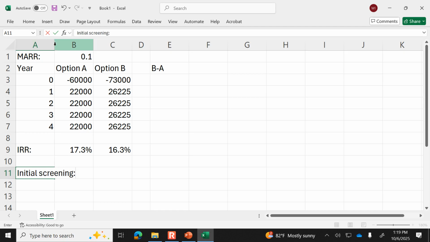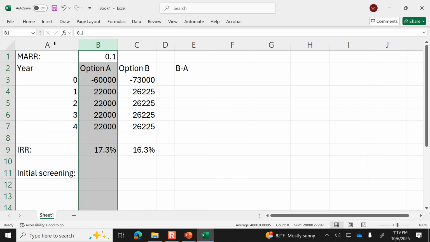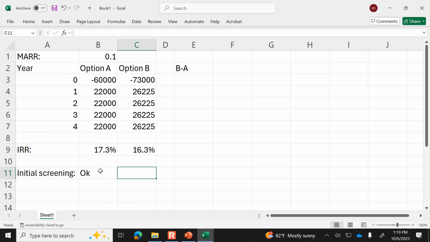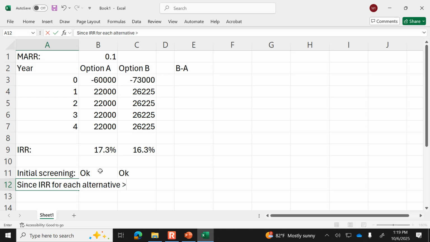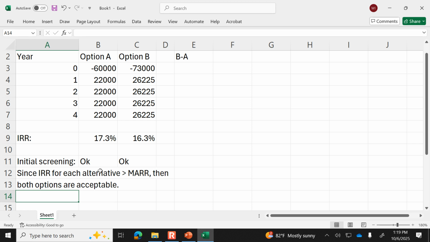Well, since both of them are greater than the MARR, they're okay. So let me just put a little summary here. Since the IRR for each alternative is greater than the MARR, both options are acceptable. But that doesn't tell us yet which option is best.